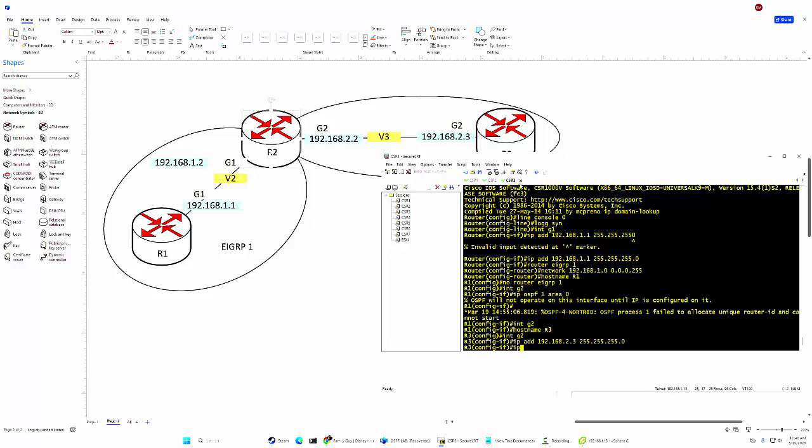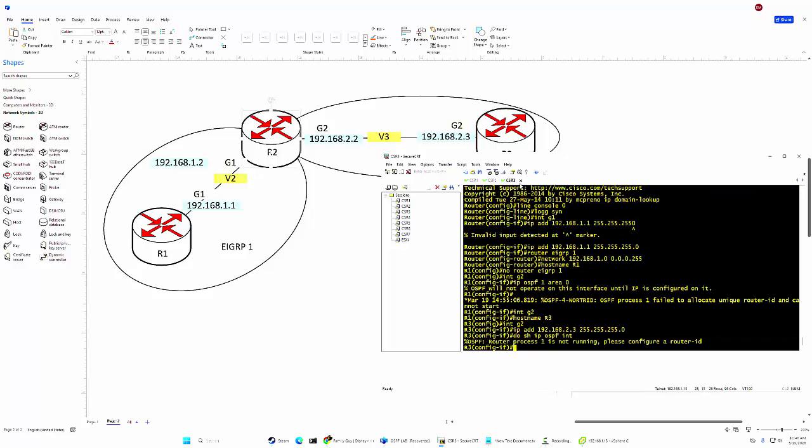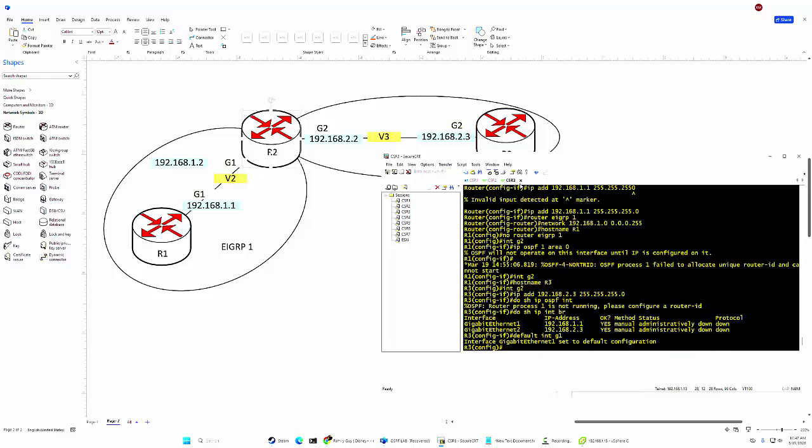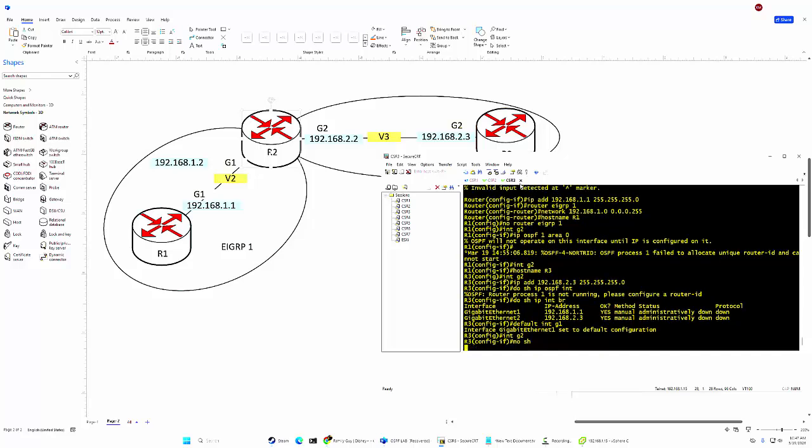So now do show ip ospf interfaces. All right. First of all, default interface G1. Okay. Interface G2. No shut.